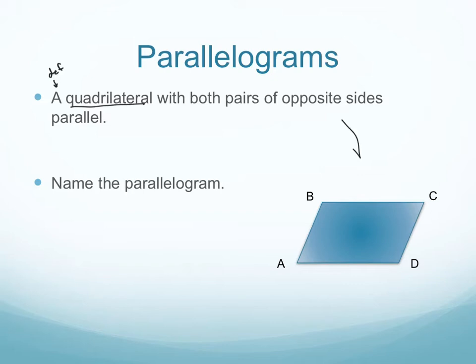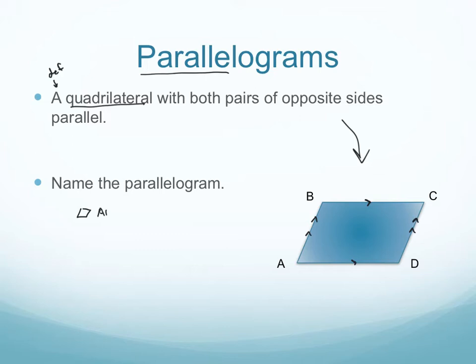So to annotate my picture down here, what this means is that the opposite sides, okay, are parallel to each other. Which makes sense because you have even parallel in the name. Now when we're naming parallelograms, we're going to draw the shape and then just go around the figure.